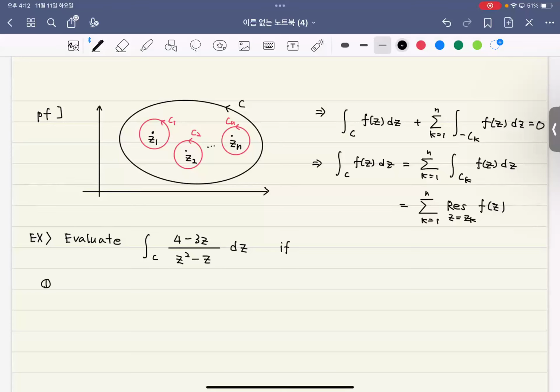I want to consider 4 cases: the curve |z| = 2, and the second case is |z| = 1/2, and third, |z − 1| = 1/2, and finally |z − i| = 1/2.